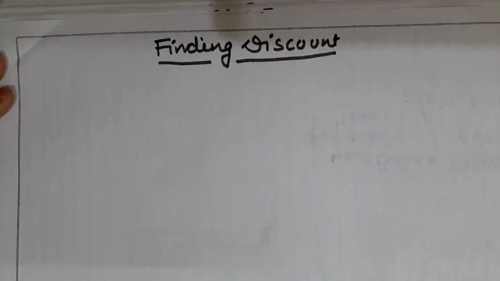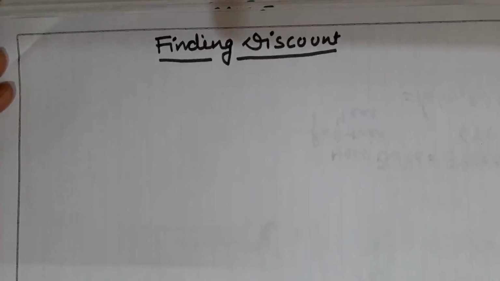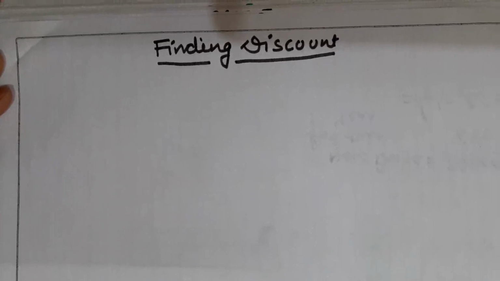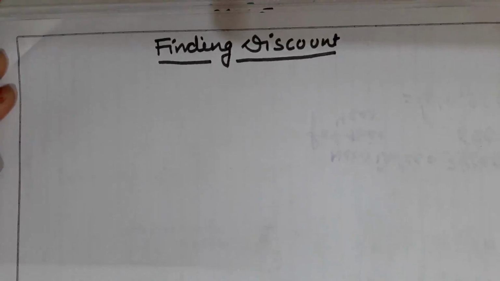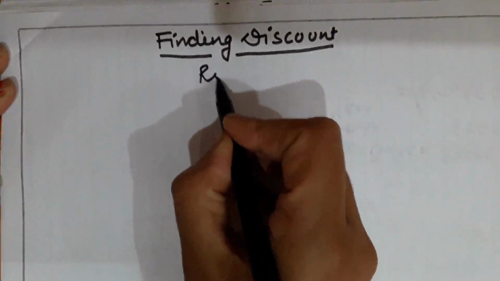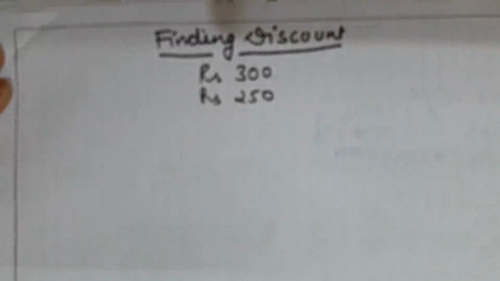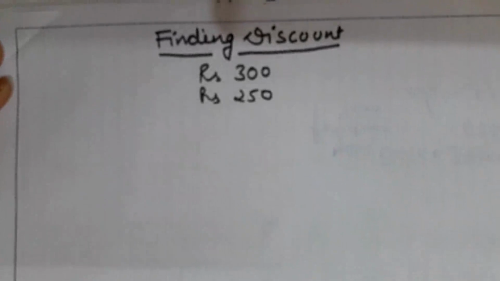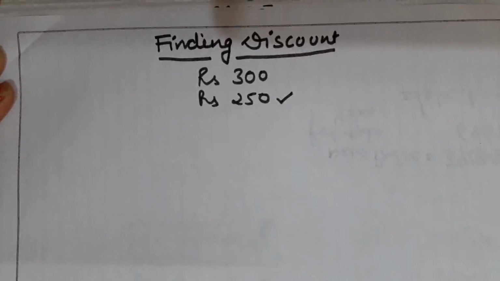That is called discount, when the shopkeeper allows you to give less money than he or she has told you. So if the dress is rupees 300 and you want that dress at 250, and now the shopkeeper is ready to give it at 250, how much discount do you get?